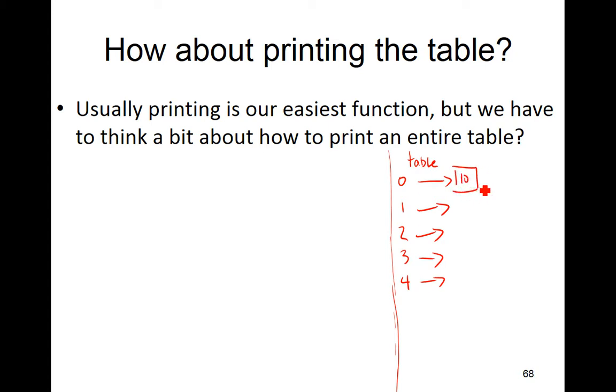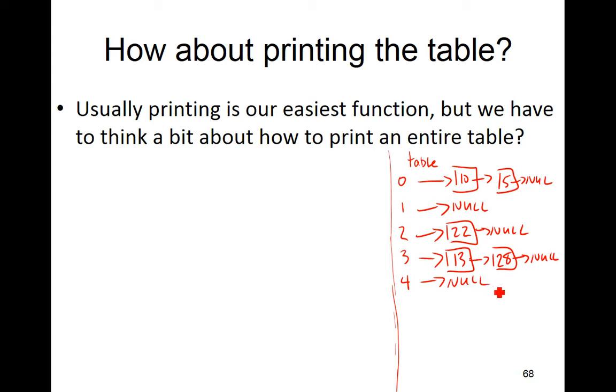So maybe I have a 10 here, and 5 here, and then null. Maybe there's nothing there. Maybe I got something here like 22, and then nothing. And then 13, 28. Okay, and then let's leave that null again.